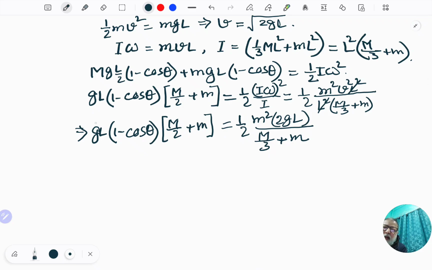Like here, you can see that g cancels out on either side, the l cancels out on either side, and you get 1 minus cos theta is equal to, well, the 2 also cancels out if you check. It is m square by capital M by 3 plus small m.